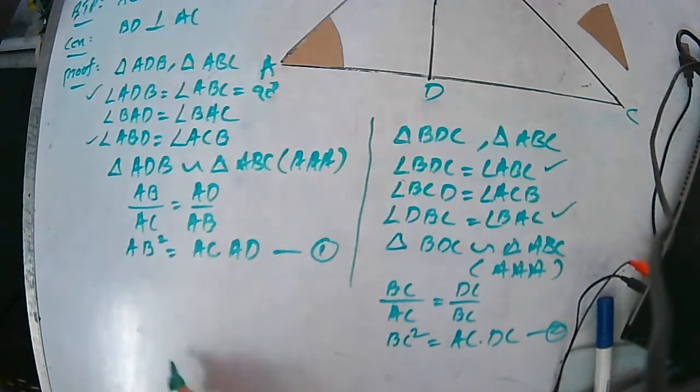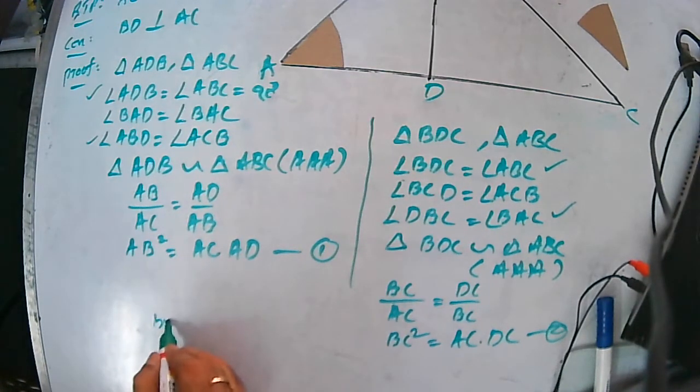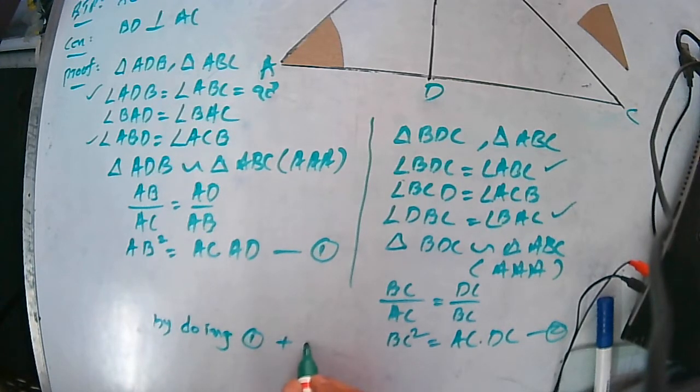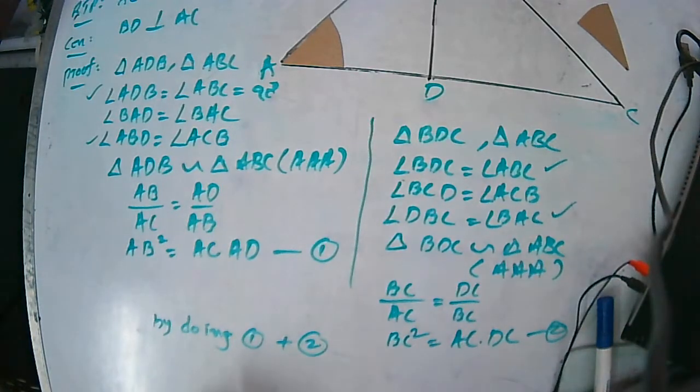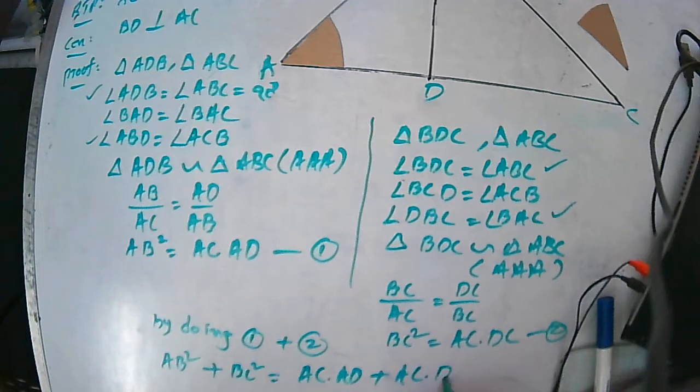Now you take these two statements and add equation 1 plus equation 2. What is the left hand side? AB square plus BC square, equal to the right hand side, AC into AD plus AC into DC.